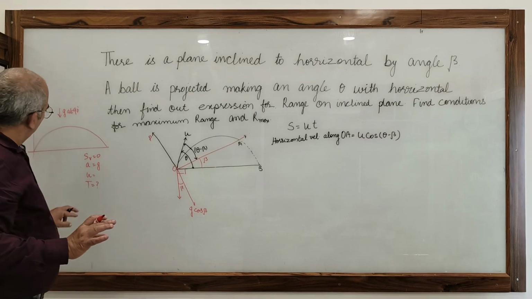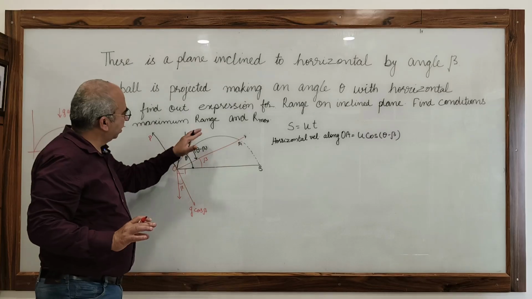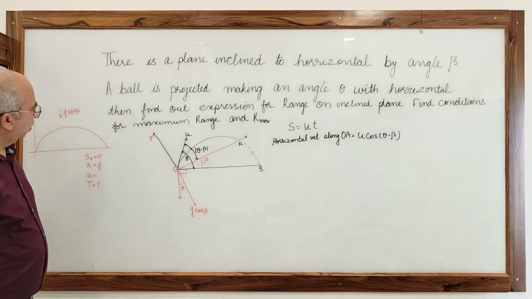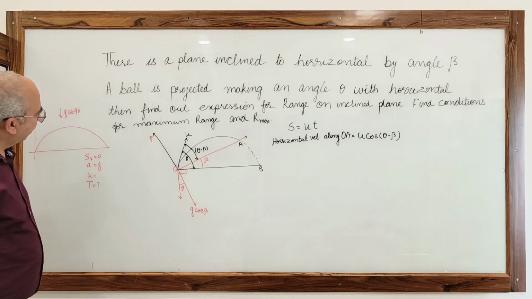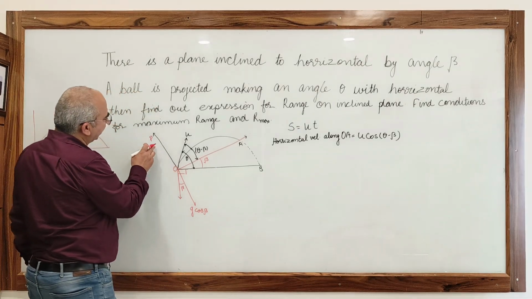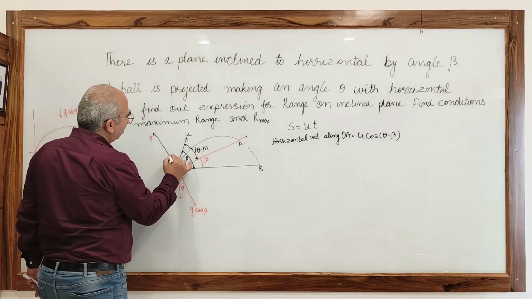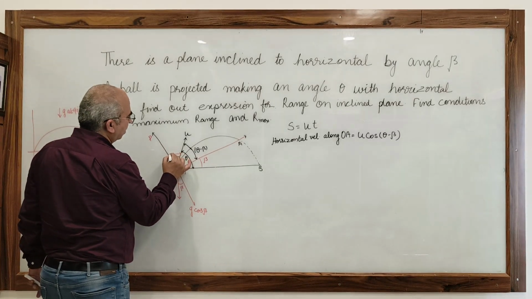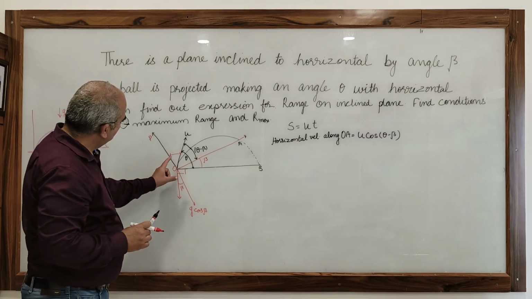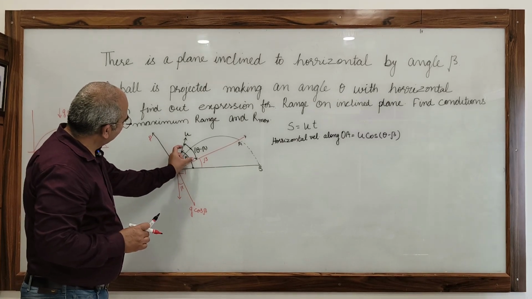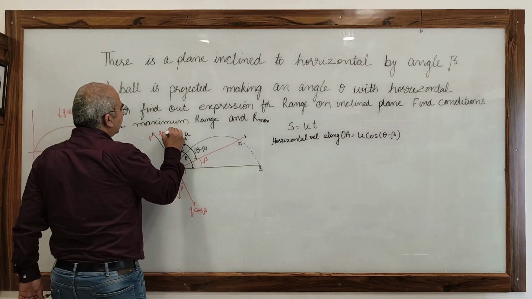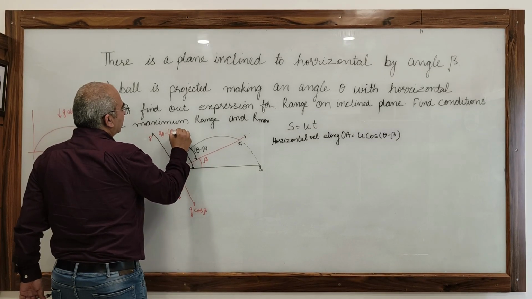So we have vertical displacement 0, g is there, and which component of u are we going to take? The angle between u and this OP, how to find this angle? This is 90 and this is theta minus beta, so this angle will be 90 minus (theta minus beta).